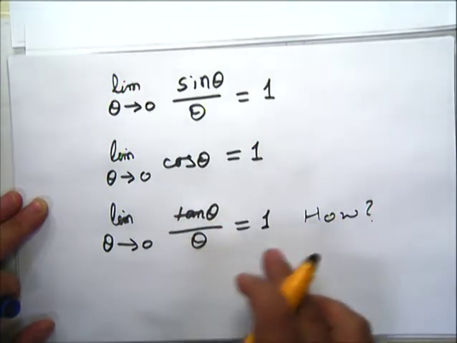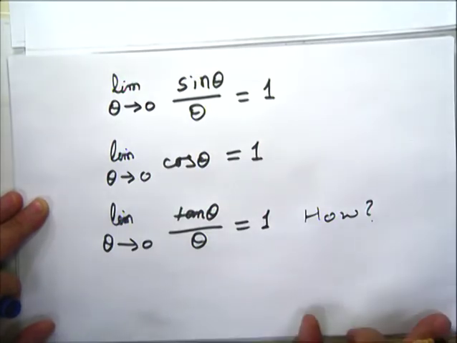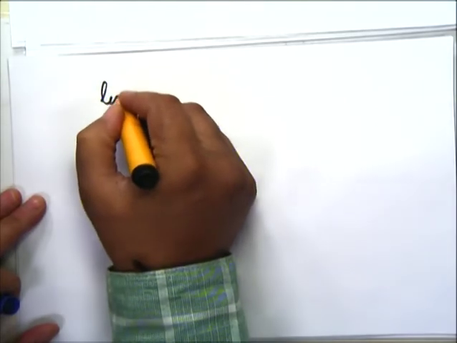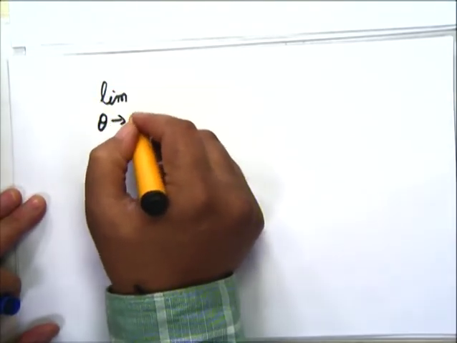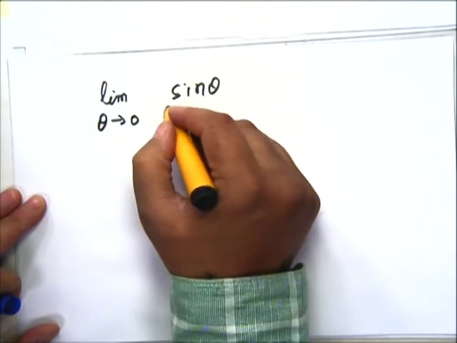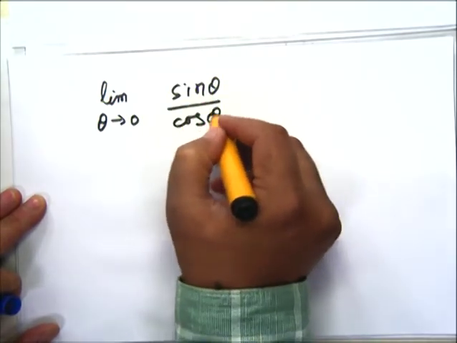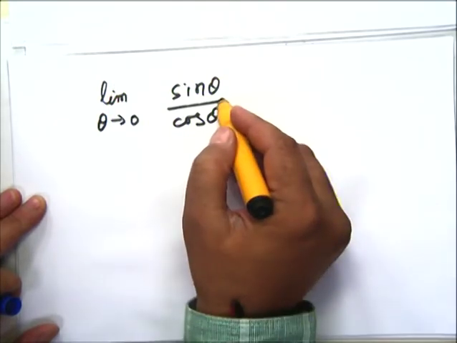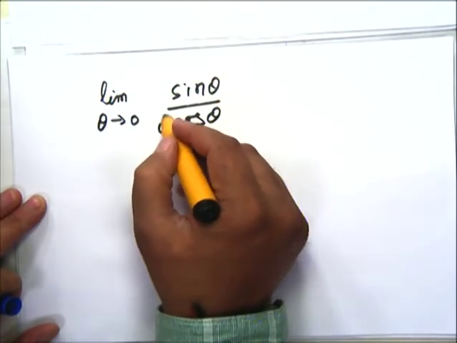How is tan theta upon theta equal to 1? Simple. What we are using: limit theta tends to 0 sine theta upon cos theta, that is tan theta, and we had another theta here.